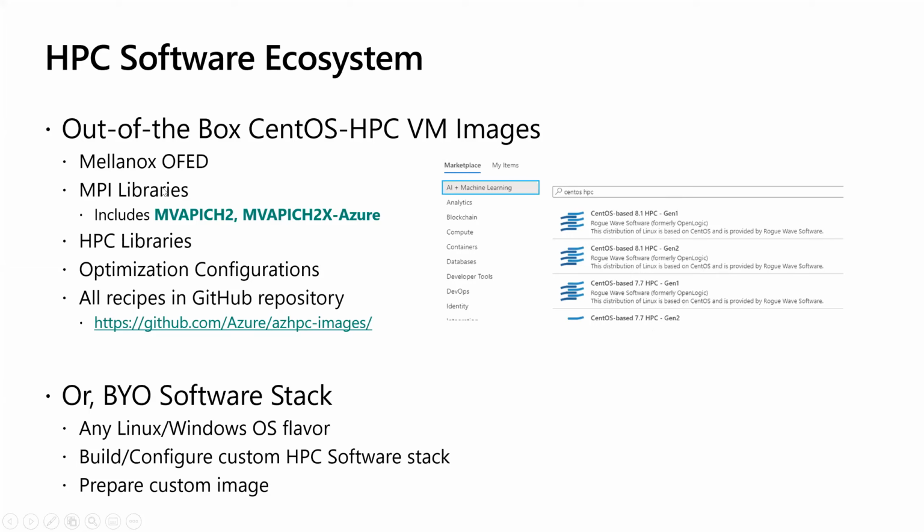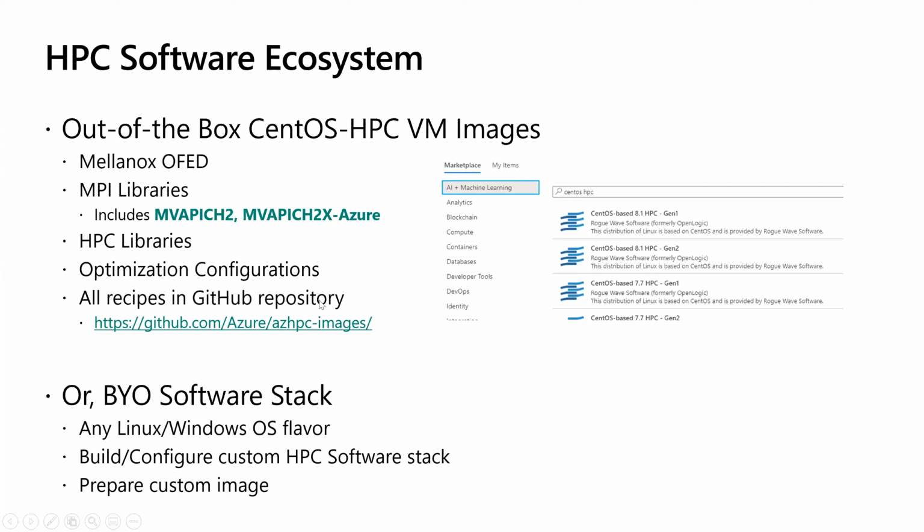All of those have the latest Mellanox software, different MPI libraries, different HPC libraries such as FFTW, BLAS, etc. And also the different optimization configurations recommended by, say, AMD or Intel. Those are also included in the image. All these images, and how we configure them, are everything open source.